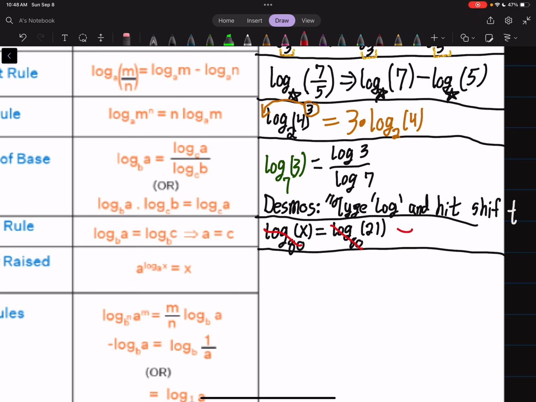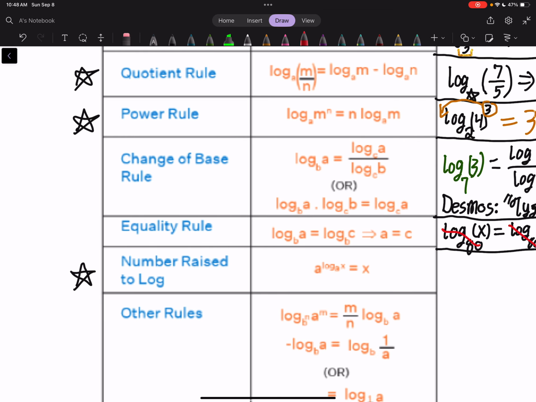So what I really have would be x is equal to 21. I am going to show you why here in a minute. But for that, it's the rule that you need to know.